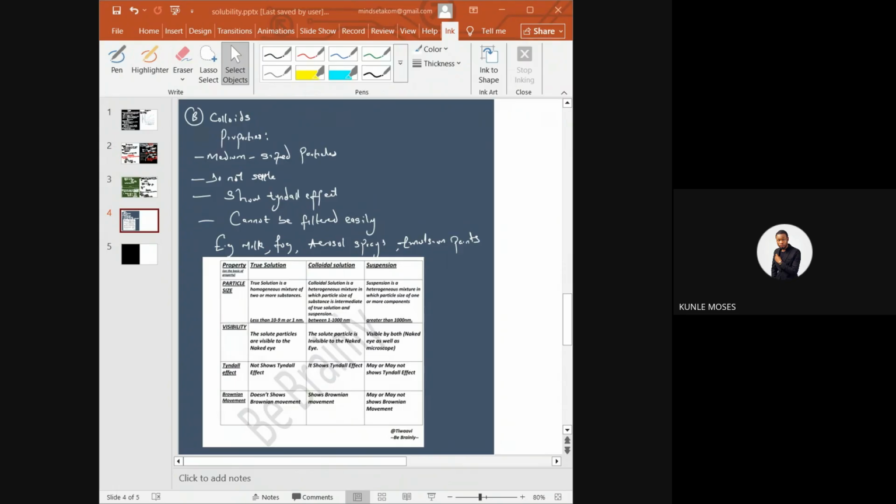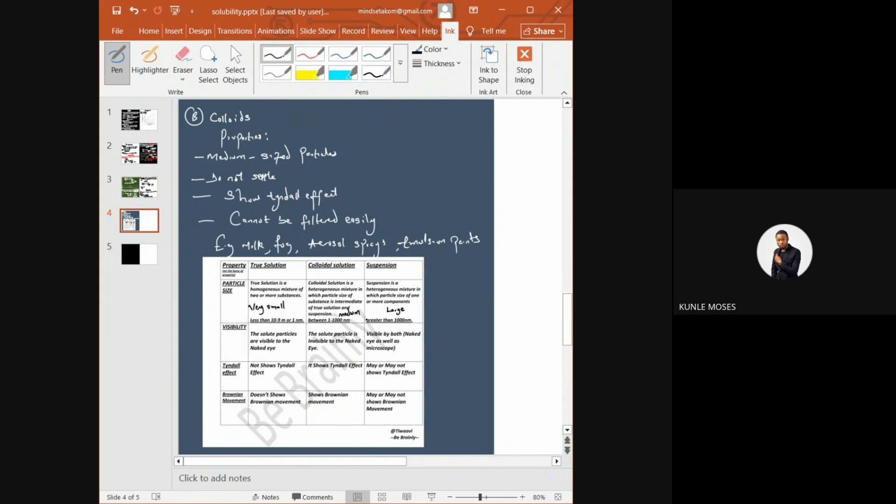Suspension is larger. It has a size greater than 1,000 nanometer, and the medium one is colloidal. So instead of writing all these notes, you can just write, that's one way to make it easier for you. For the true solution, just write very small. For the colloidal, just write medium. This one, write large.